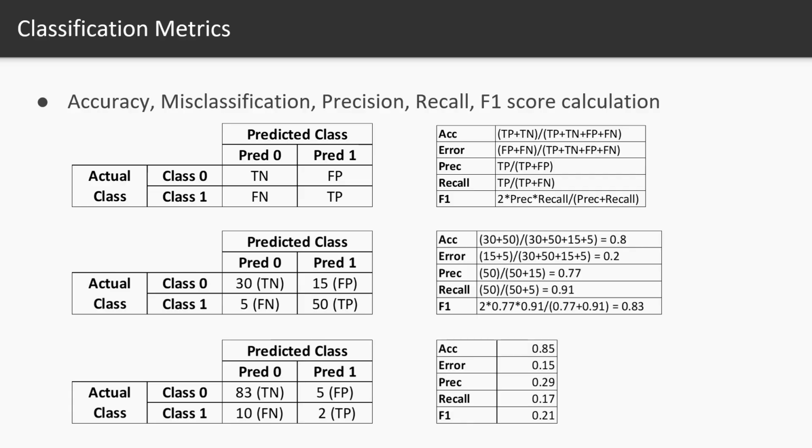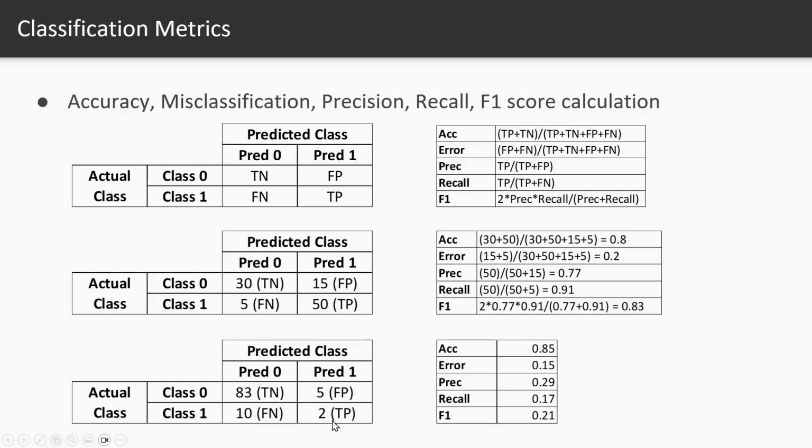Here it actually tried to do some things and was only able to correctly identify 85, so it went down to 85% accuracy. If it did nothing and always predicted the negative class, it would get 88% accuracy without doing anything, which is pretty good.